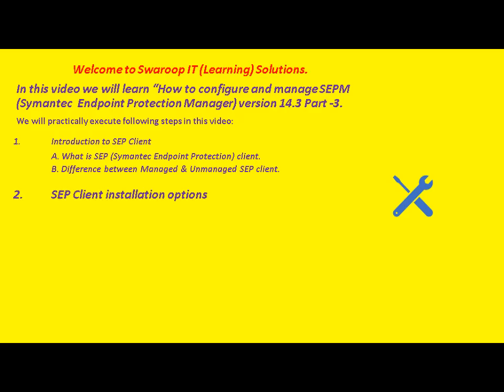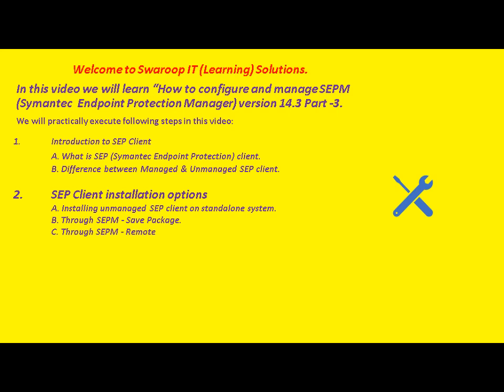Second part, we will see SEP client installation options, how to install those SEP clients on your end user system. First, we will see installing an unmanaged SEP client on a standalone system. Then through SEPM, we will see how to install the managed client through the save package option.